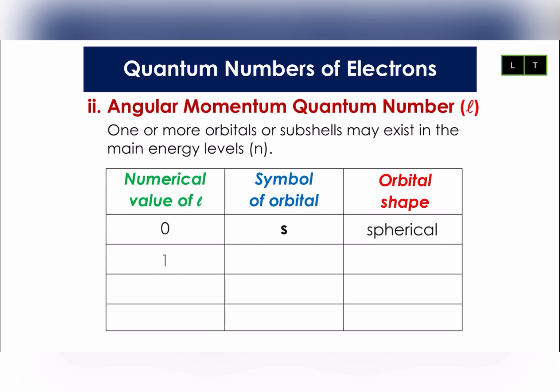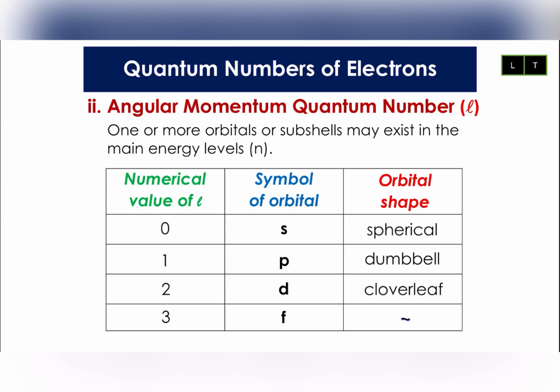When L equals 1, the symbol is P and the shape is dumbbell. When L equals 2, the symbol is D and the shape is cloverleaf. When L equals 3, the symbol is F and the shape is irregular. These you have to memorize, and L equals 0 is fixed for the S orbital with its respective shape.